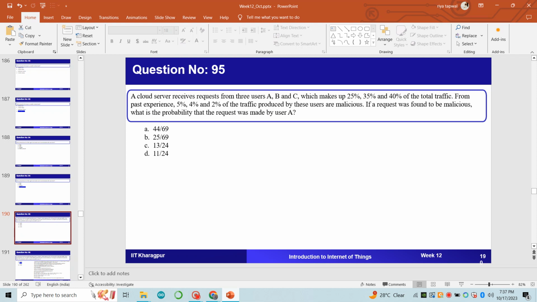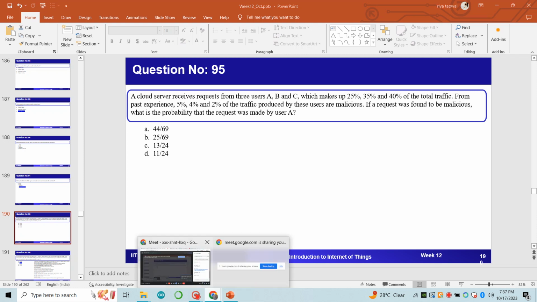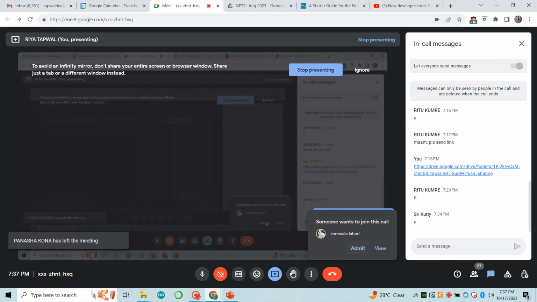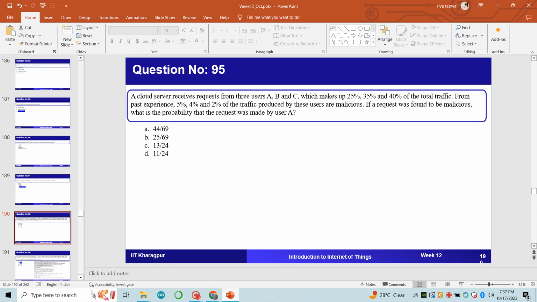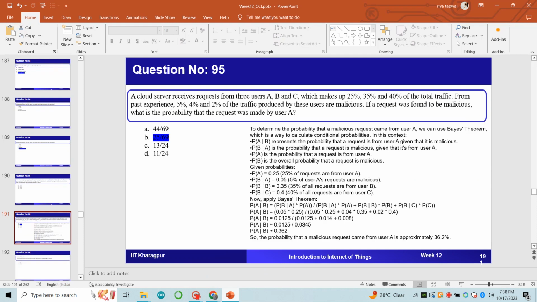Are you solving or should I tell the answer? Is it B? B, 25 by 69. Yes, it's B, 25 by 69.